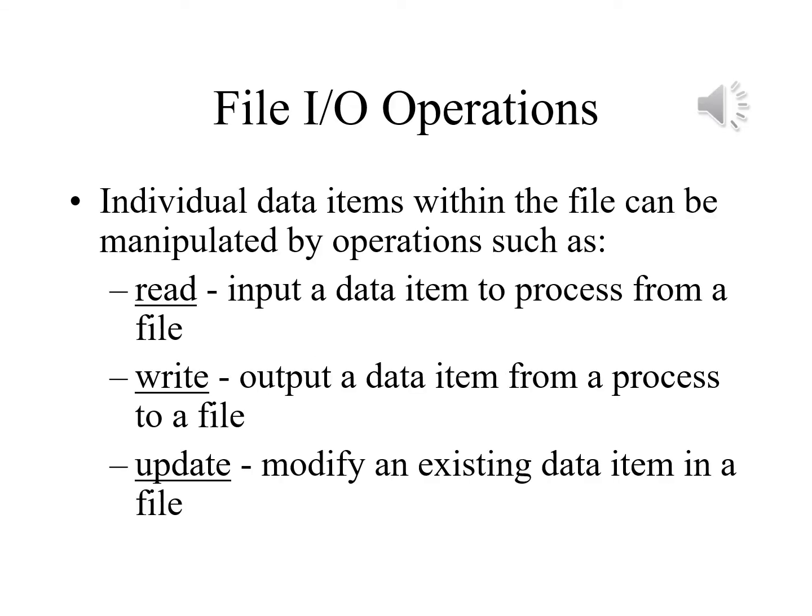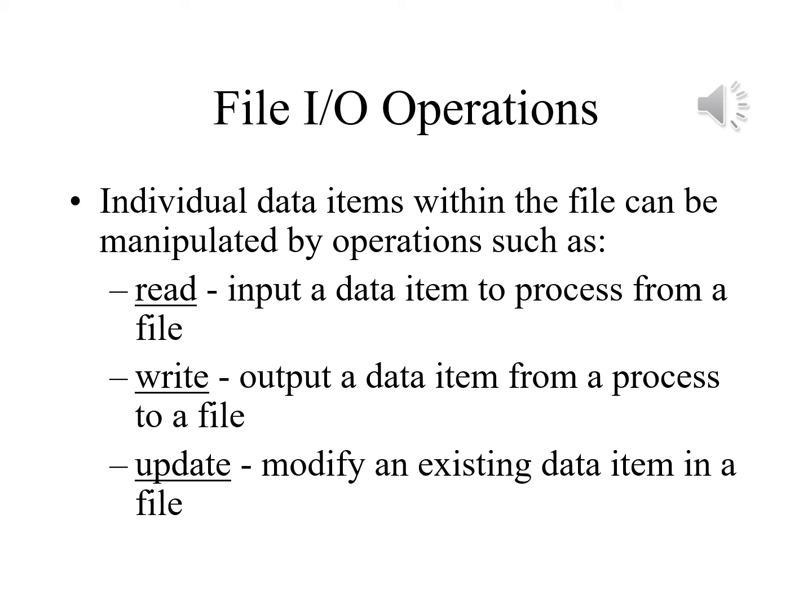There are two basic operations on individual data items: reading and writing. Reading means moving data from the file, and writing means moving data to the file. Updating is a little different in many cases from writing, because it means changing the data that is already stored in the file.